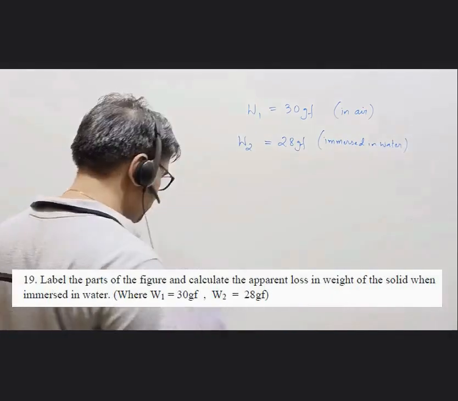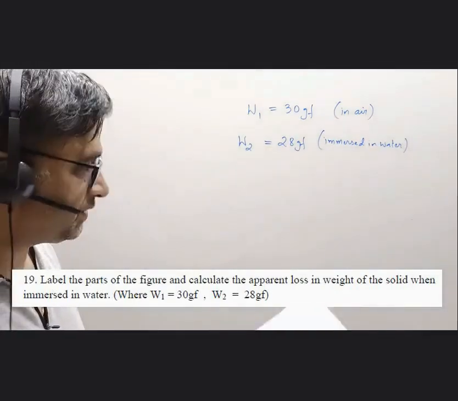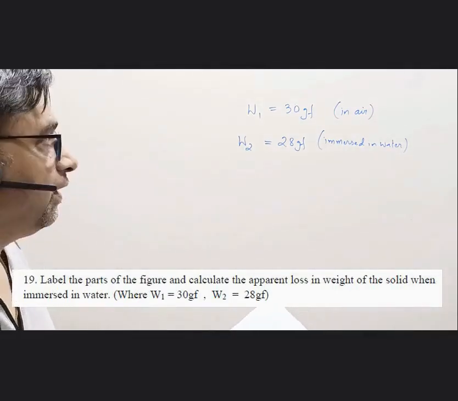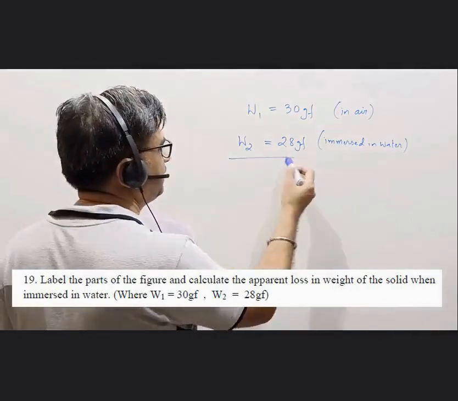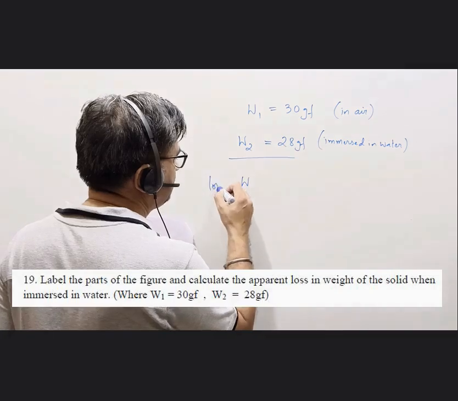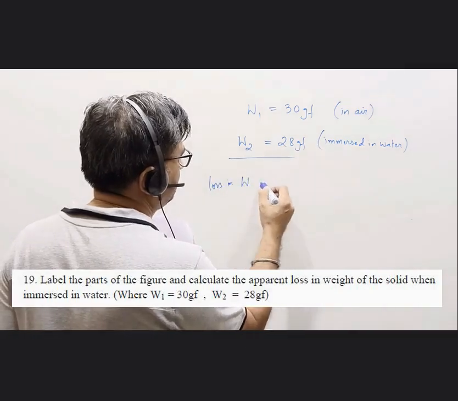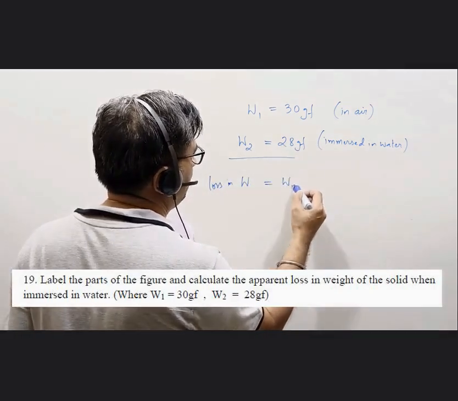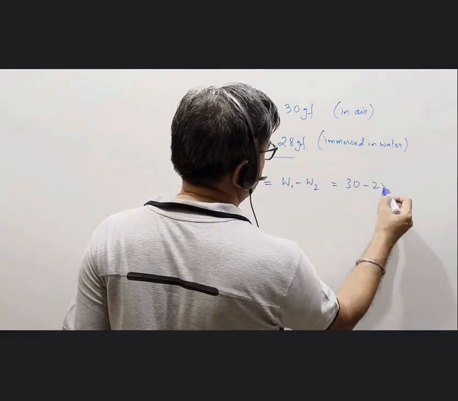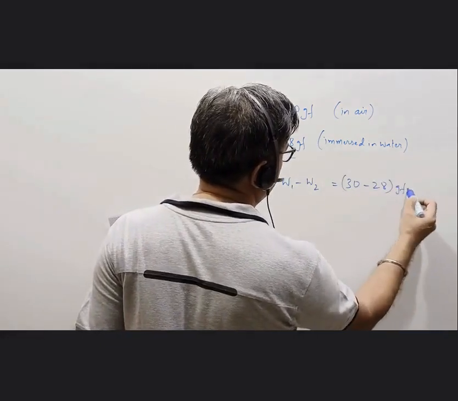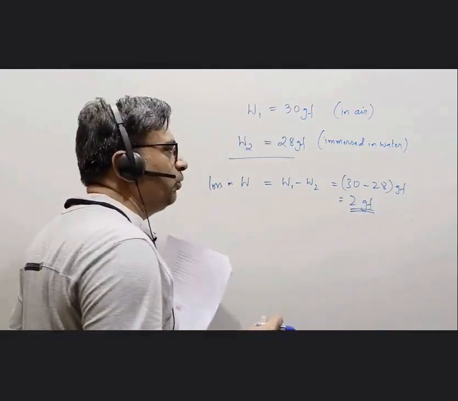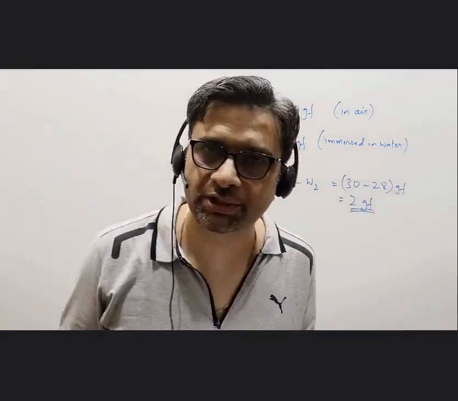Immersed in water or immersed in some fluid? Yes, in fact, it is water. So we are asked to find out the loss in weight. It's a no-brainer, I would say. The loss in weight is equal to W1 minus W2, as you can see. So this is 30 minus 28 gf, which is 2 gf, and I'm sure you know why this body has lost weight.